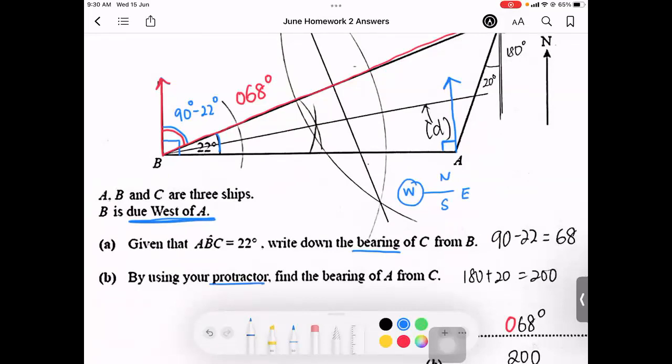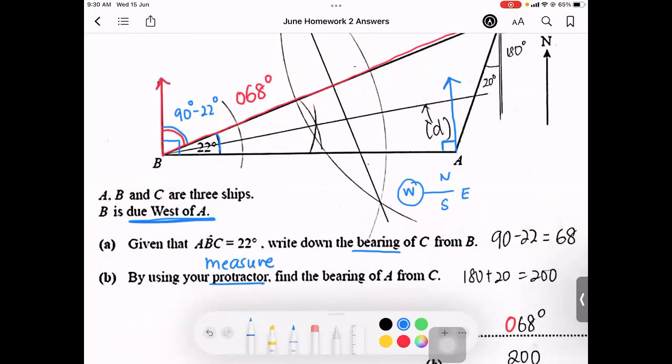Okay, next one question say using your protractor. Nowadays the question starts to have, I gave you another example during the near practice paper already, right? Using appropriate measurements. Then another one is the pie chart. They say it's an accurate pie chart. Now the question here say using your protractor measure. That means you're going to measure. All right. So when you have such kind of questions nowadays, they draw it to scale.